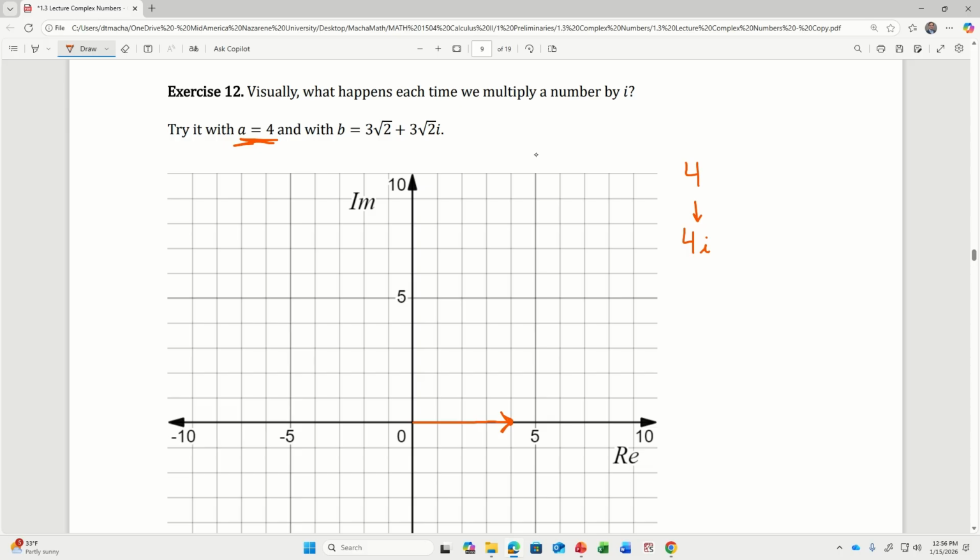So let me draw the number 4i. What happens if I multiply by i again? What's 4i times i? Negative 4. So let me draw the number negative 4.